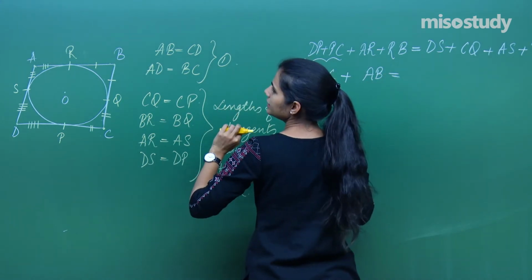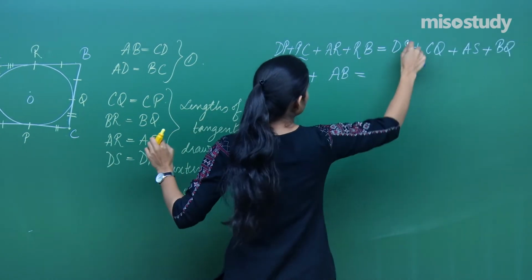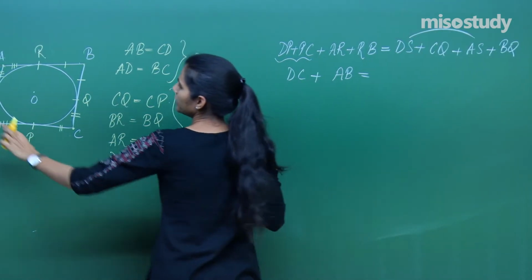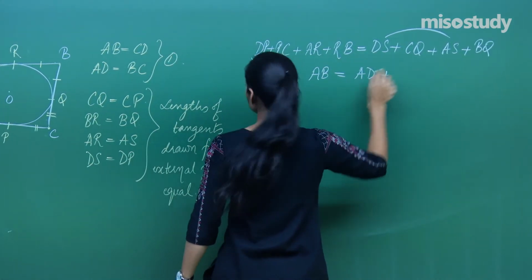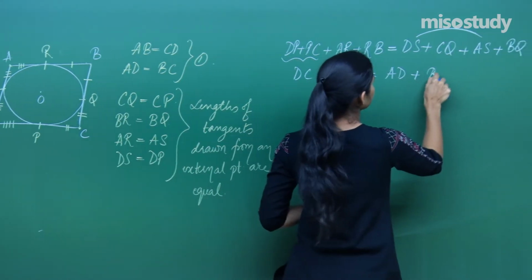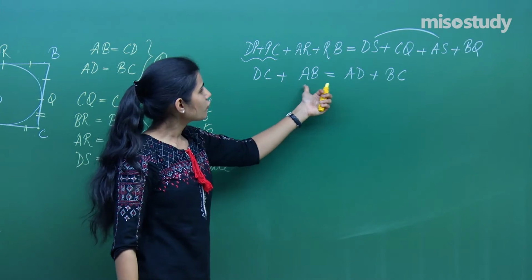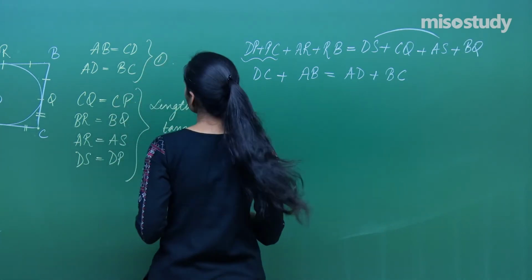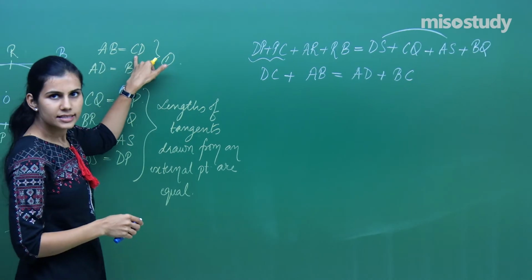So DC plus AB is the same as DS plus CQ plus AS plus BQ. DS plus AS is DA or AD, and CQ plus QB is BC. DC plus AB you have got the same as AD plus BC, but you already know that AB is the same as CD.